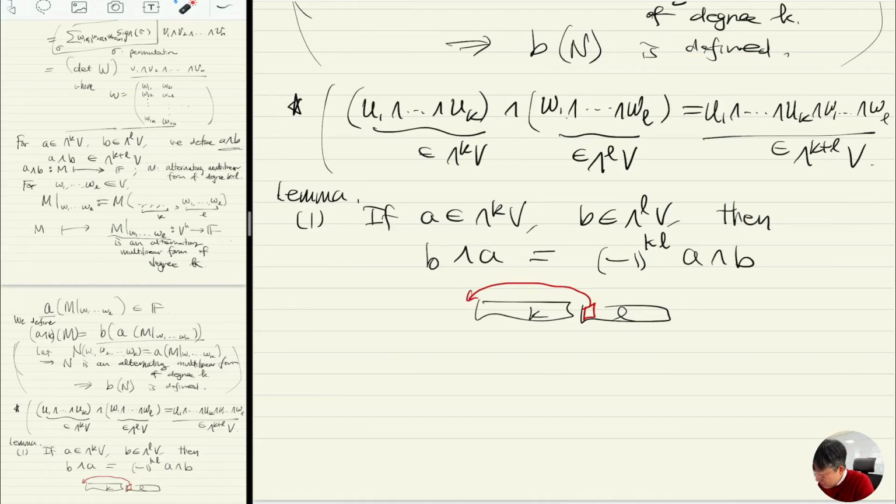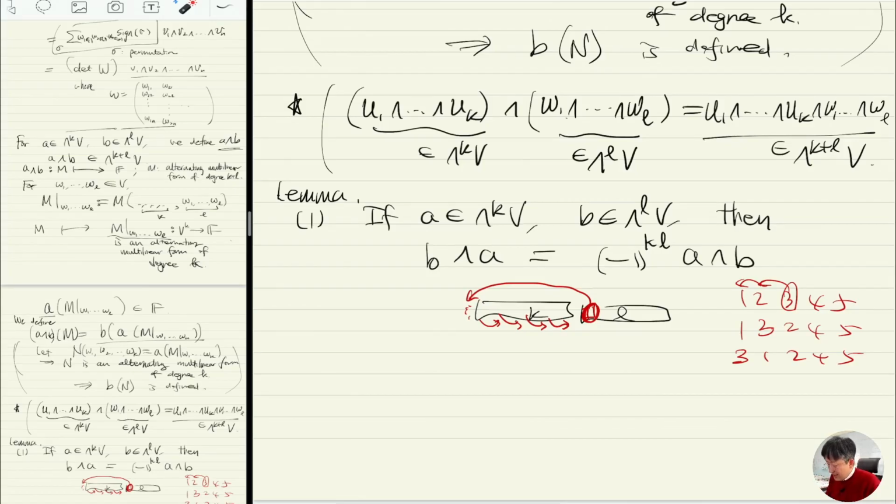So each time we move one from there, every element here moves backwards, right? So for each of the L elements, you're swapping K elements, right? So when I do this, for instance, 1, 2, 3, 4, 5, 3 goes here, so 3, 1, 2, right? So this is how you can move, without changing the order of this A and here's B.